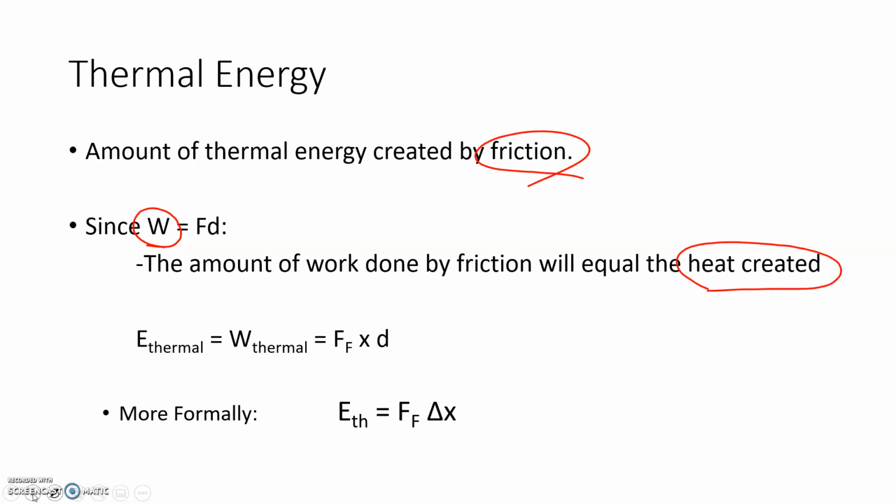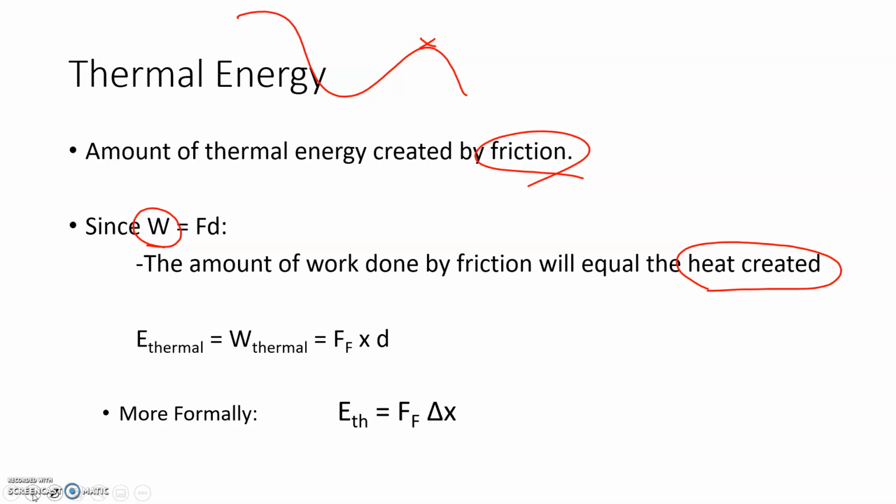So in our magic energy equation, let's say we're talking about a roller coaster, and you're trying to figure out how much energy is right there. We do energy before equals energy after, right?